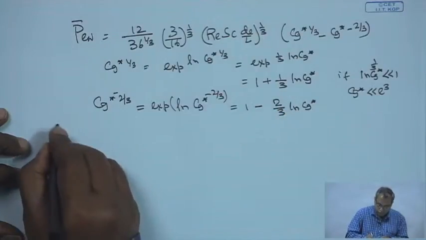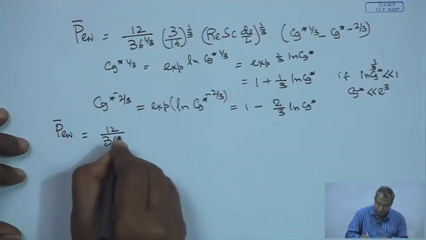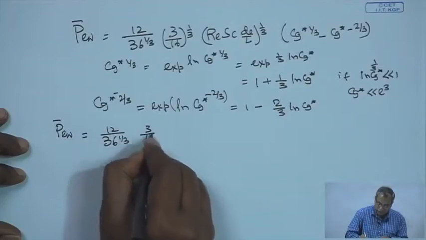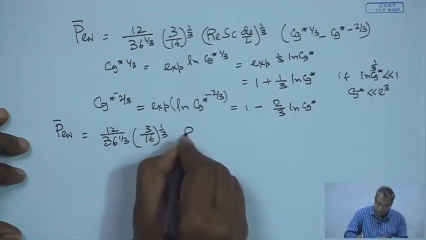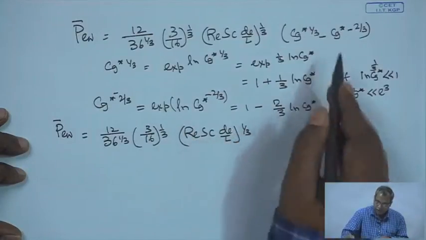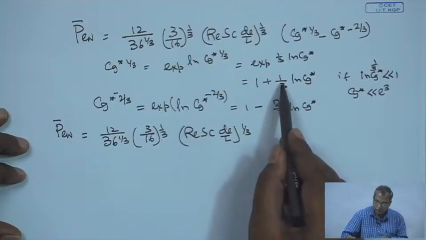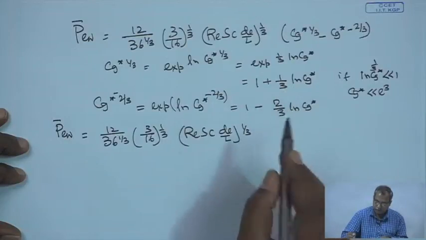So, P w bar will be nothing but 12 by 36 to the power 1 upon 3, 3 by 16 to the power 1 upon 3, Reynolds Smith d by L to the power 1 upon 3, and this minus this, 1 minus 1, will be cancelling out, 1/3 plus 2/3. So, it will be 1 only.